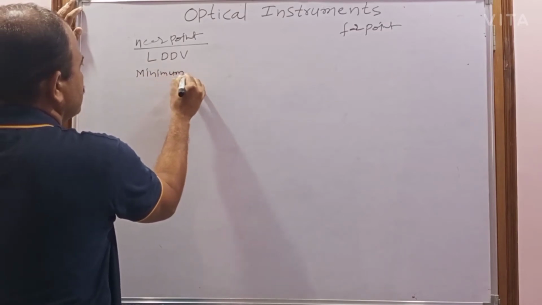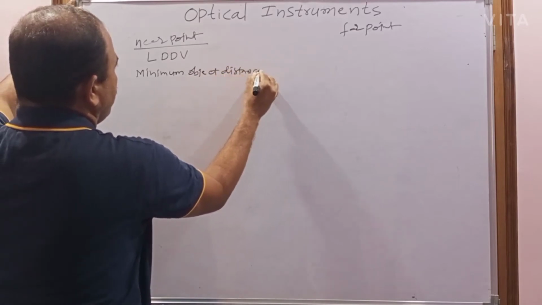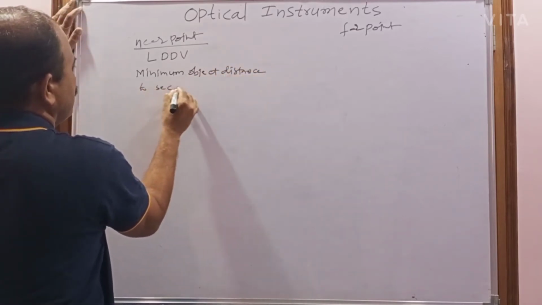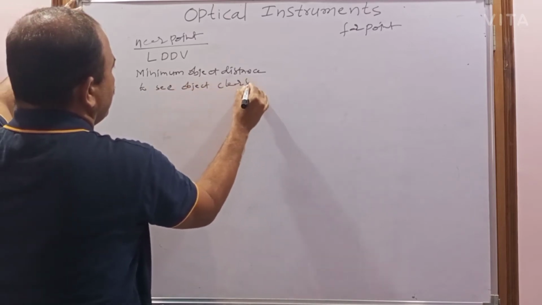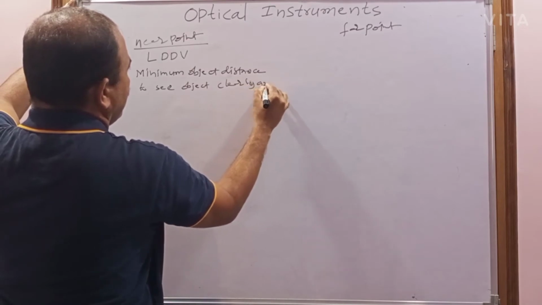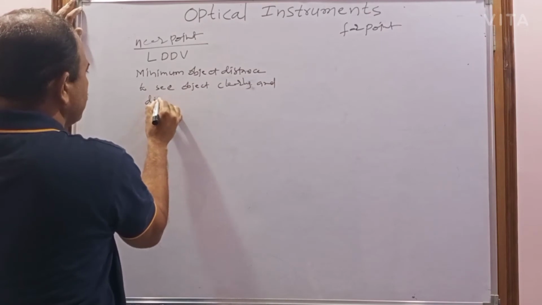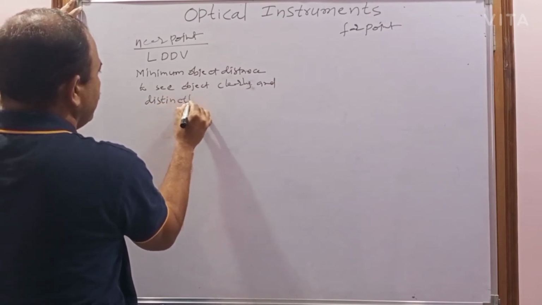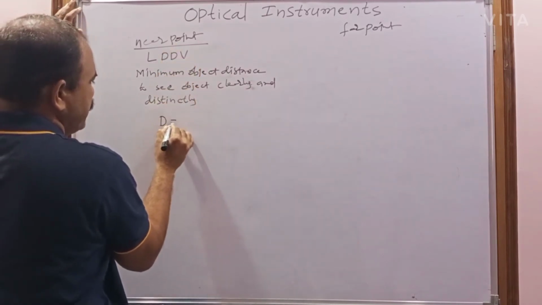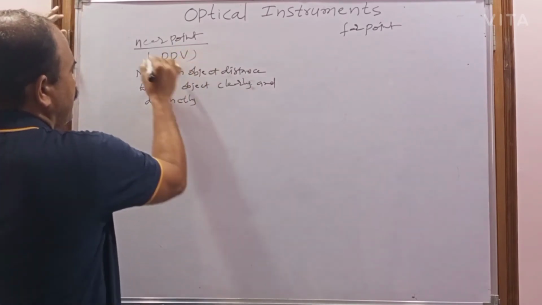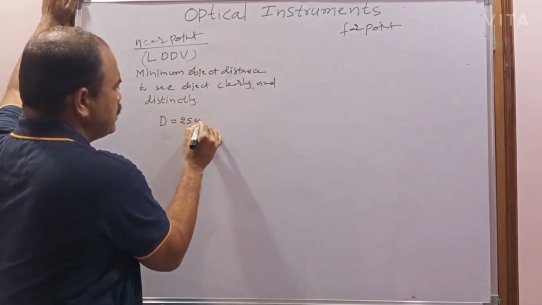Remember, the near point is the minimum object distance to see an object clearly and distinctly. The near point distance is represented with the letter capital D, or called the least distance of distinct vision, and its average value is 25 centimeter.